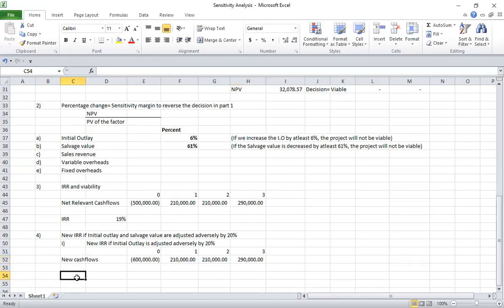If that is the case, what is our new internal rate of return? How much is the new internal rate of return?